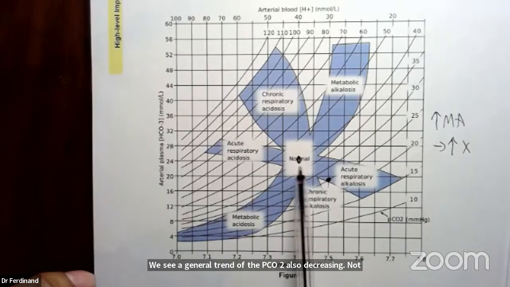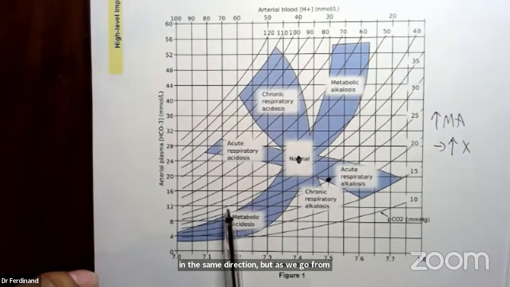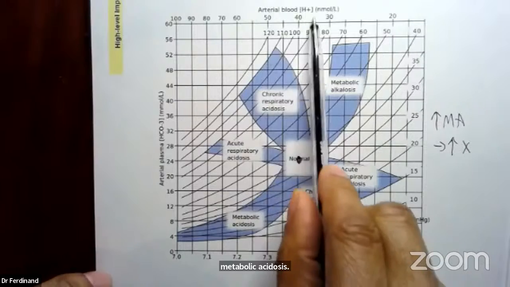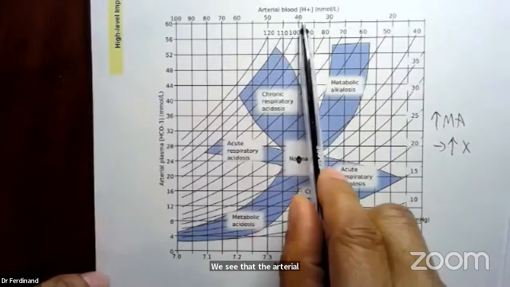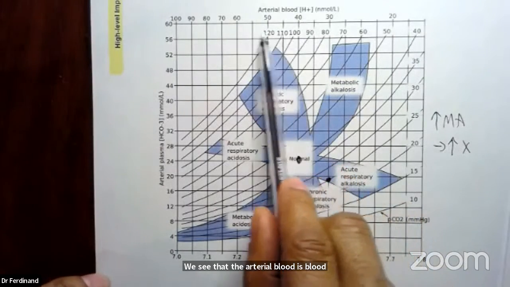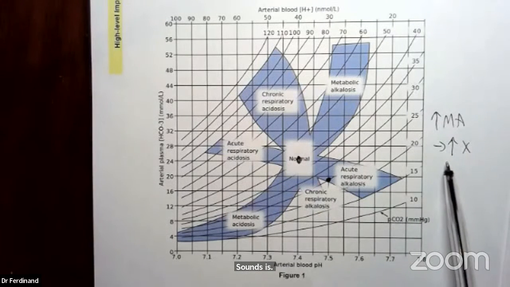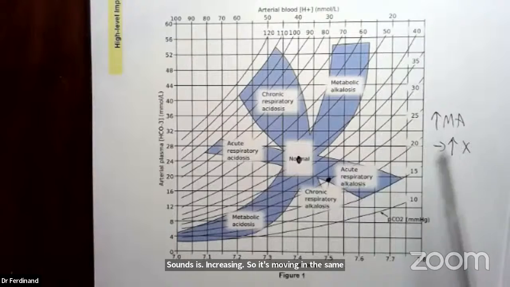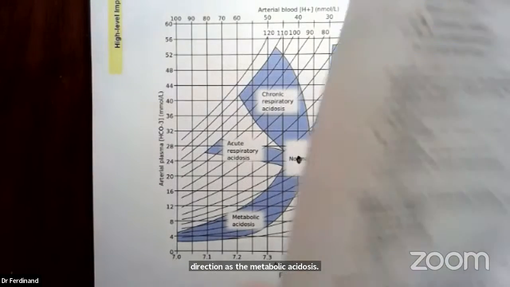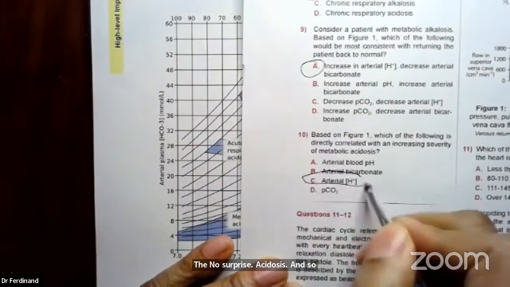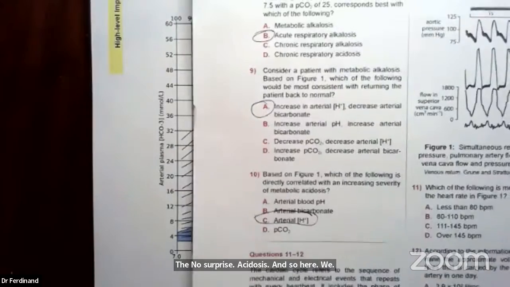But as we go from normal to metabolic acidosis, we see that the arterial blood hydrogen ion concentration is increasing. So it's moving in the same direction as the metabolic acidosis. No surprise, acidosis. And so here we have answer choice C as the response.